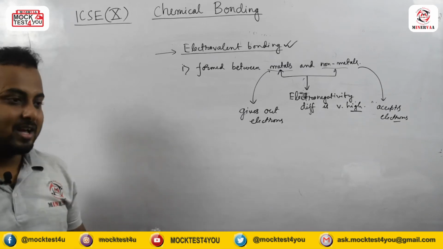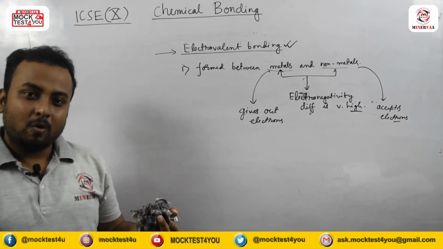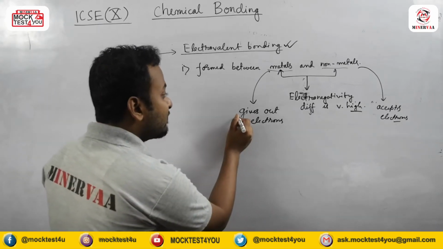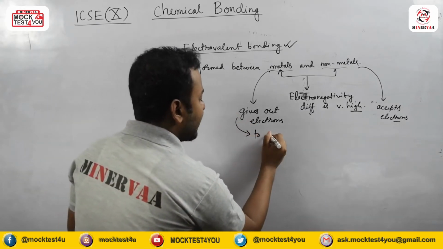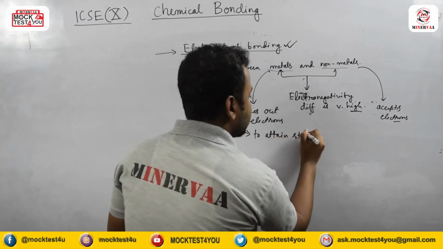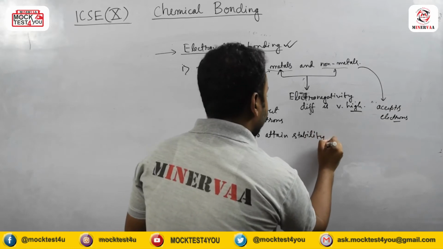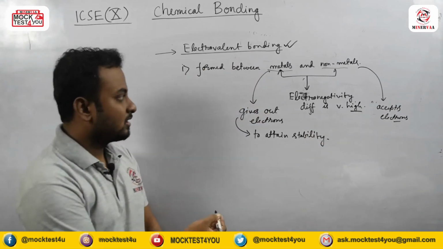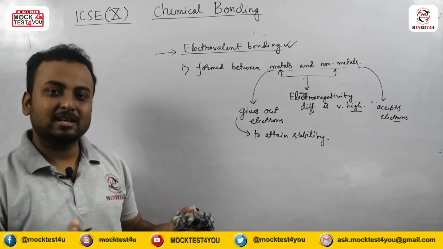This is also very easy. I already told you that a bonding occurs to attain stability. So why will a metal give up electrons? To attain stability. Simple as this.